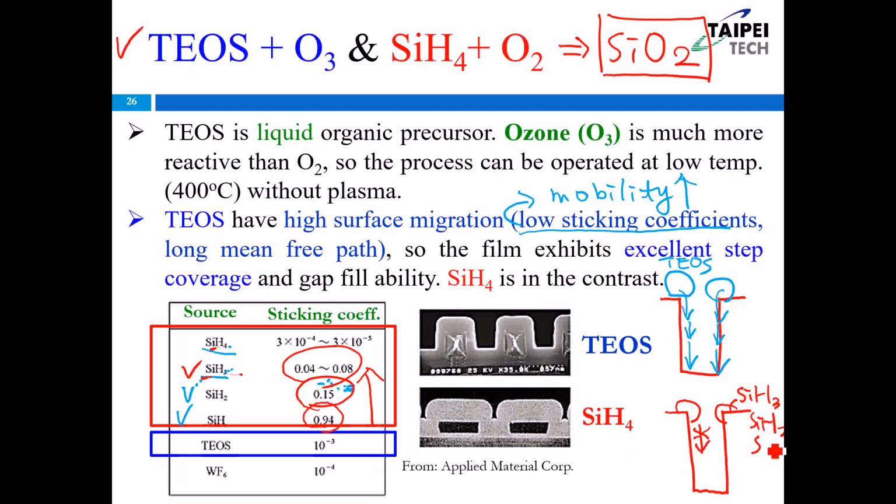When all of those three precursors remain on the top corner, they will not go down to the bottom corner, because all of those three precursors will remain on the top corner due to the high sticking coefficient. So it means those three precursors have very low mobility.